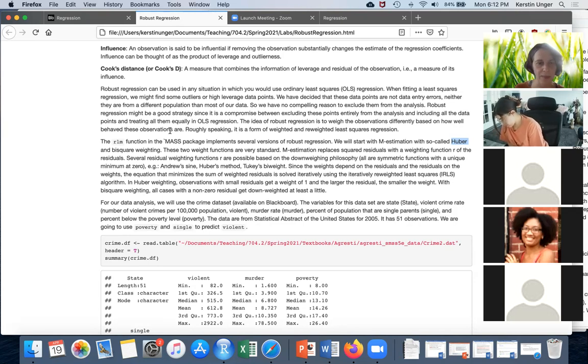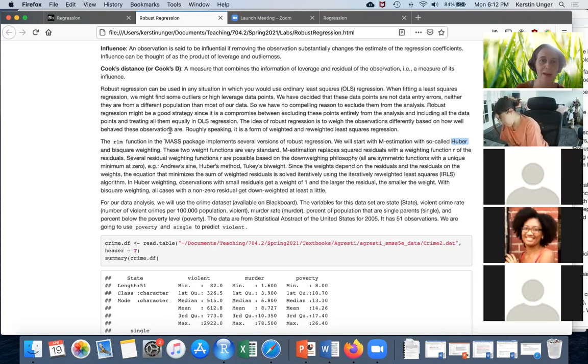So the idea is as follows. We want to reduce the influence that these unruly cases have on the estimation of our regression function.